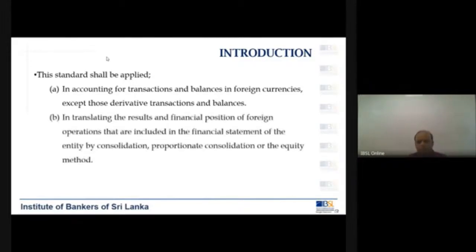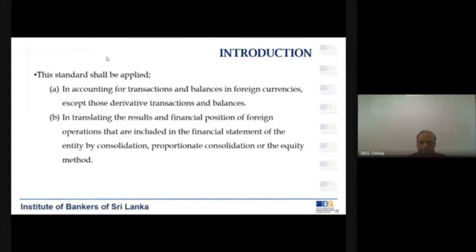So what we do here, basically, is a translation. We call it a translation. Now, this is not where you translate from English to Tamil or Sinhala, or Sinhala or Tamil to English, not that. The conversion from dollars into rupees is known as a translation. That is called a translation.